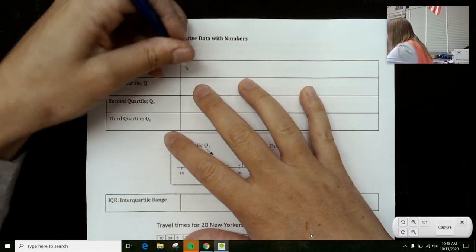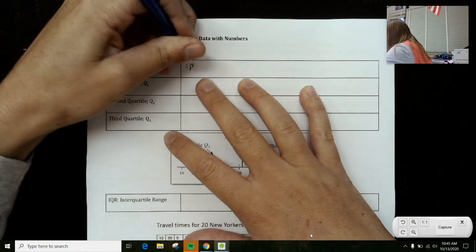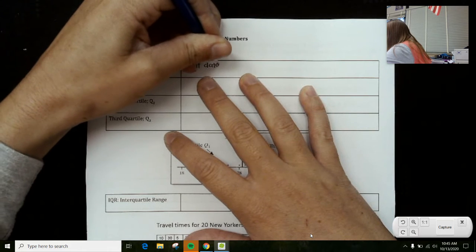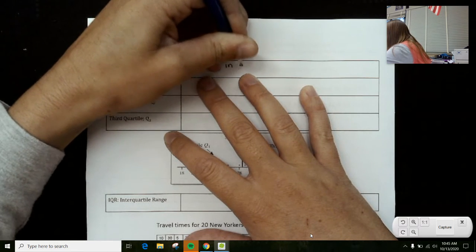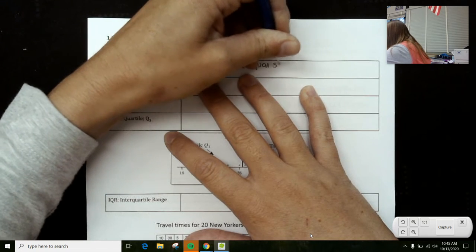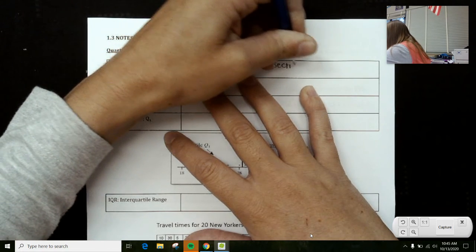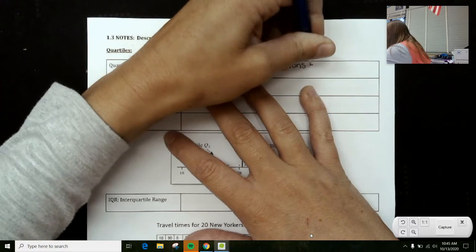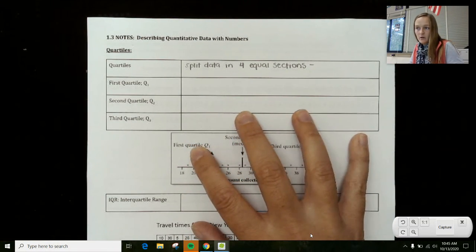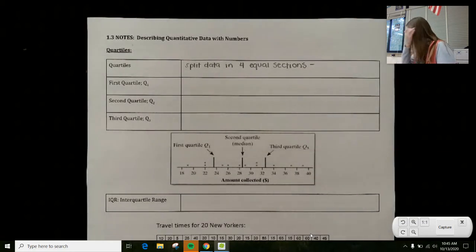So quartiles split data into 4 equal sections. So there's approximately an equal number of data points between each quartile.